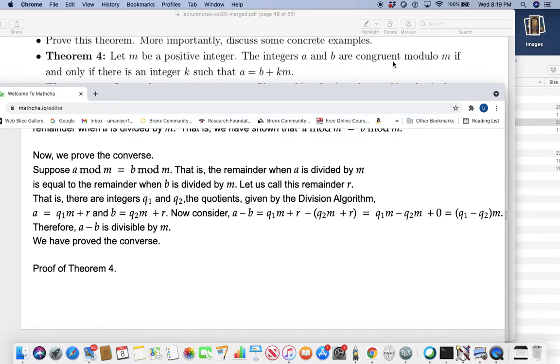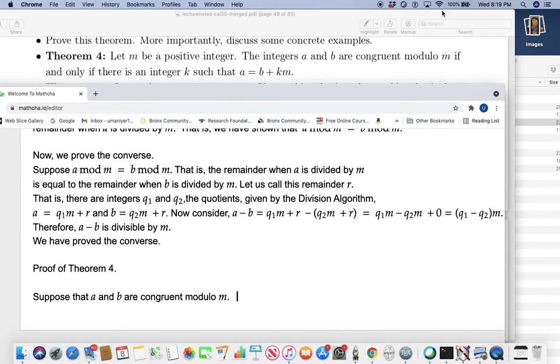So here is a proposition. The integers a and b are congruent modulo m. Suppose that a and b are congruent modulo m.